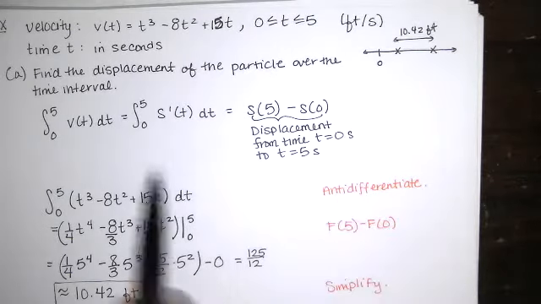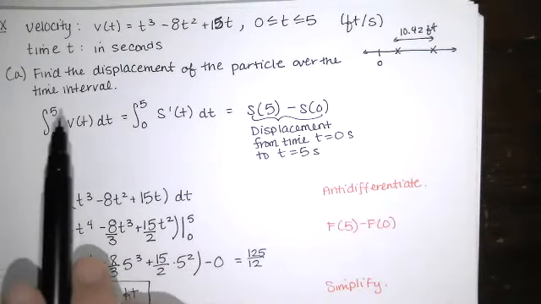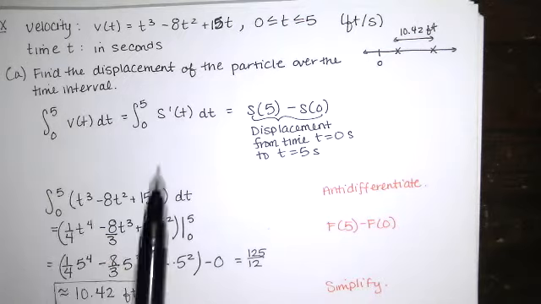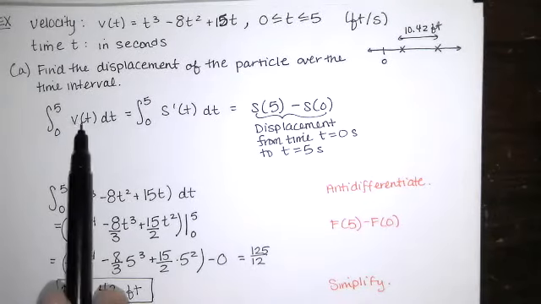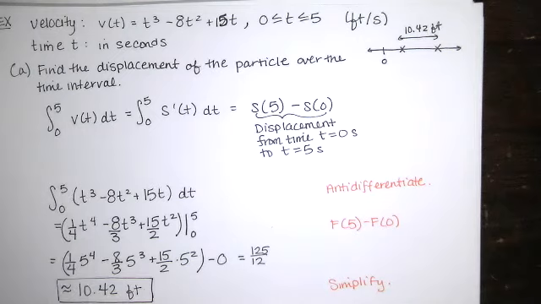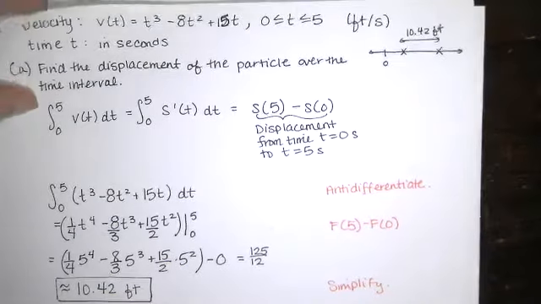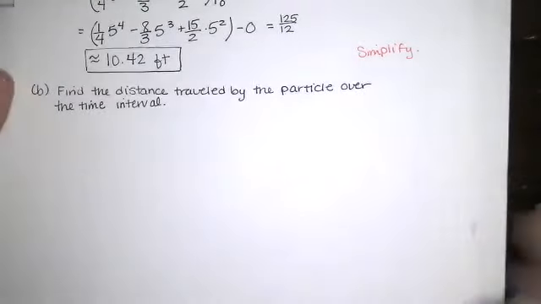To take that into account, we're going to have to take the absolute value of this. I know that that may not make sense right now. So in order for that to make sense, I think it would be helpful if we graph this function. So I want to graph the function v of t and then see where it crosses the t-axis and just basically see sort of what's going on with this function v of t.